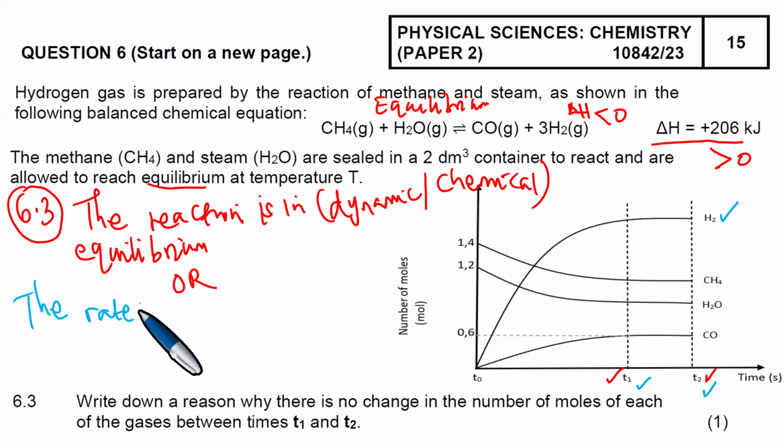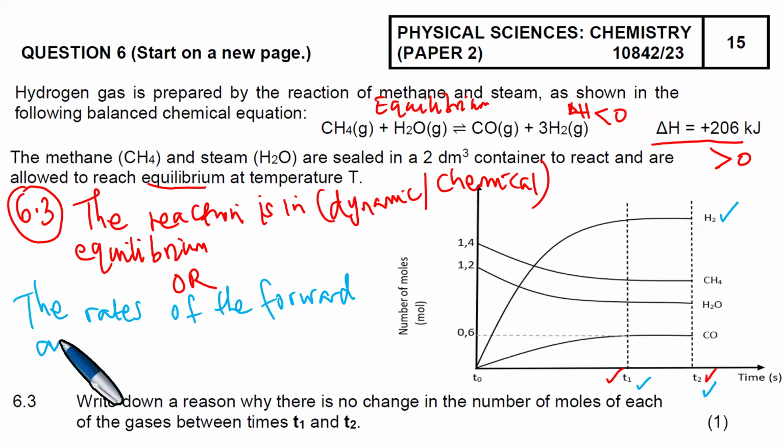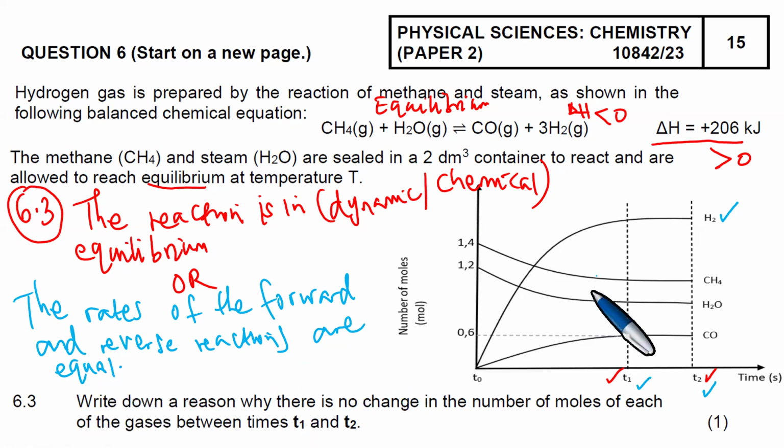The rates of the forward and reverse reactions are equal. So now, the fact that these graphs are level means that the rates of the forward and reverse reactions are equal.